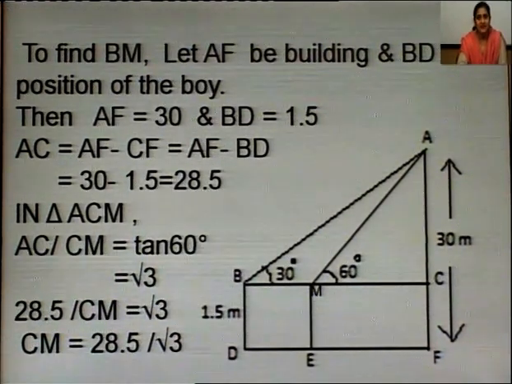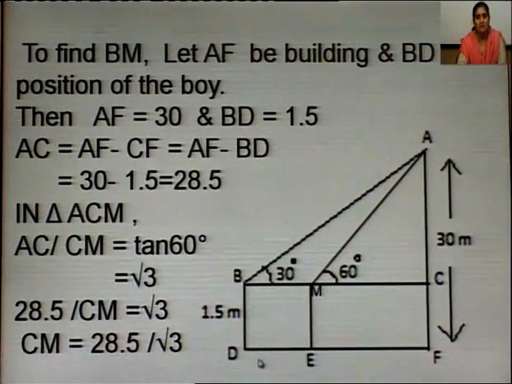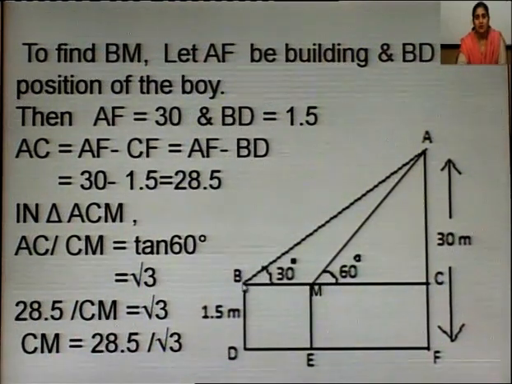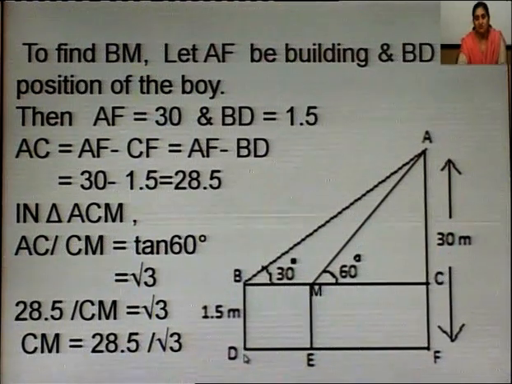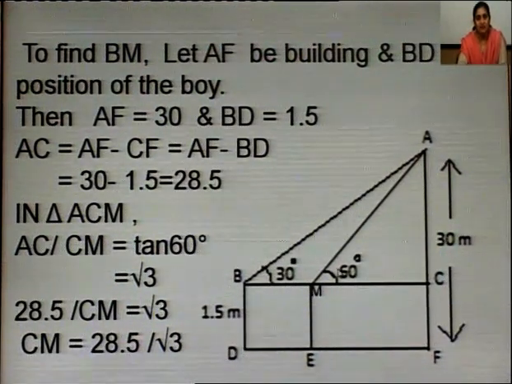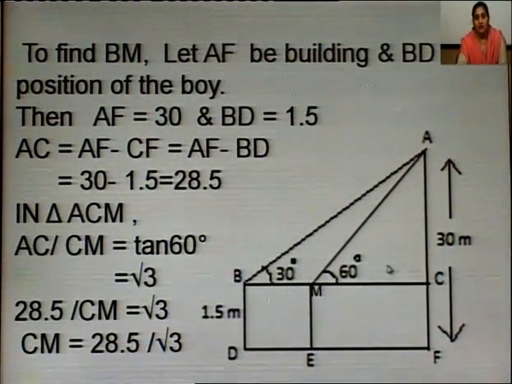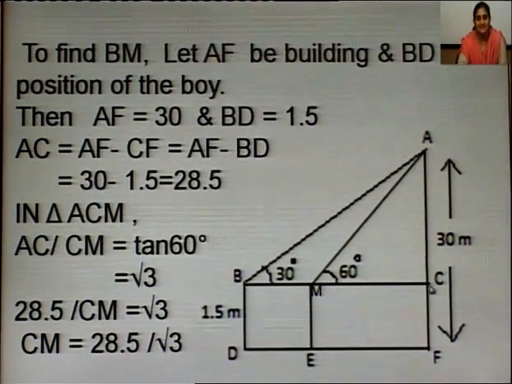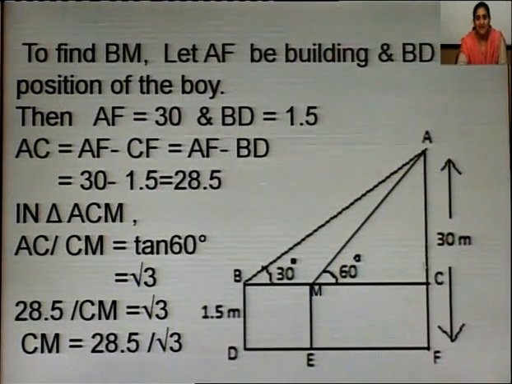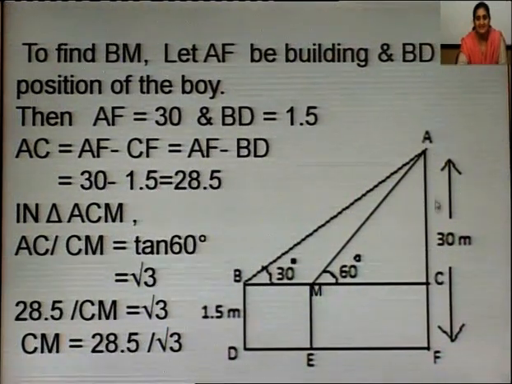Let AF be the building and BD the position of the boy. We are given that AF is equal to 30 and BD is 1.5. These two distances are given, and two angles of elevation. First, the distance AC: because BD is the same as CF and AF is given, we can find AC.